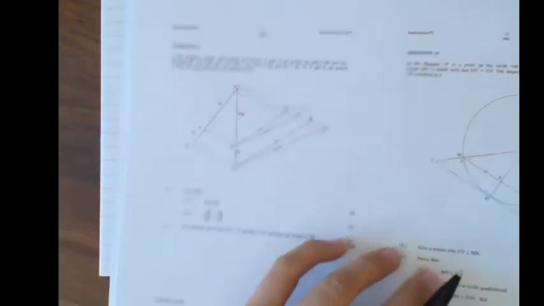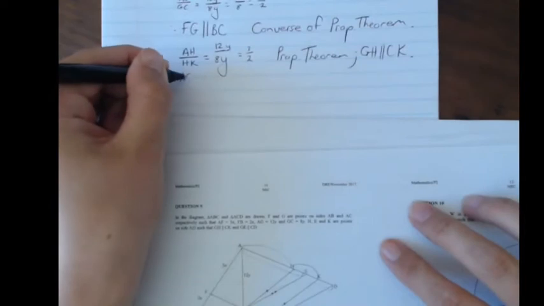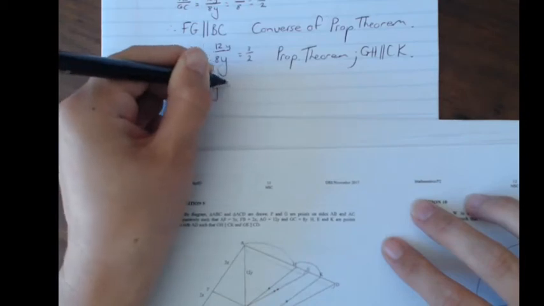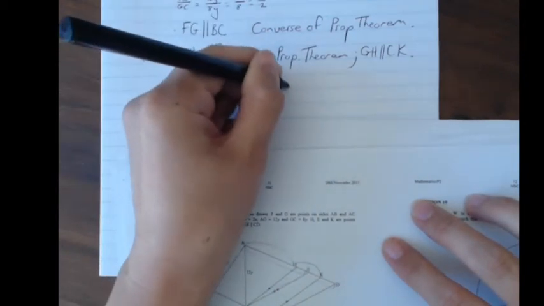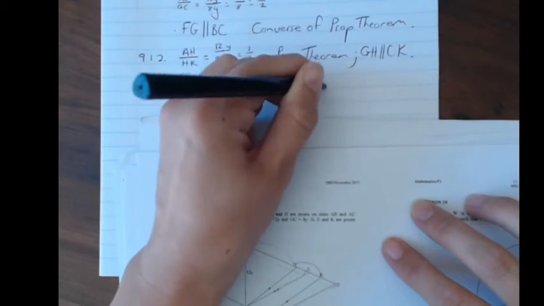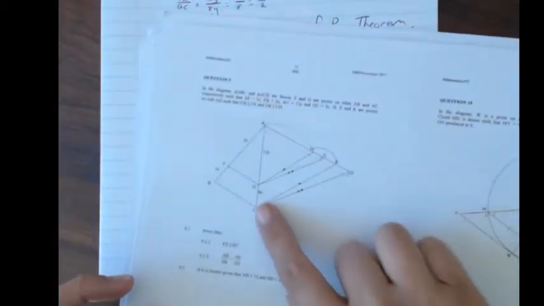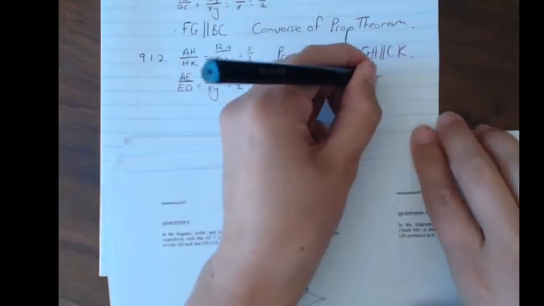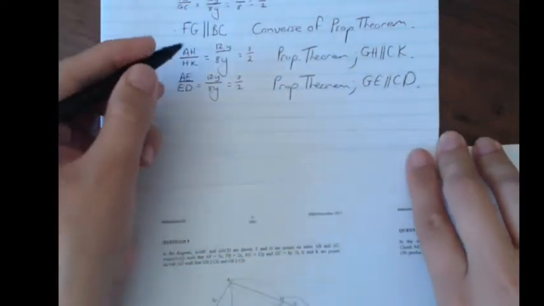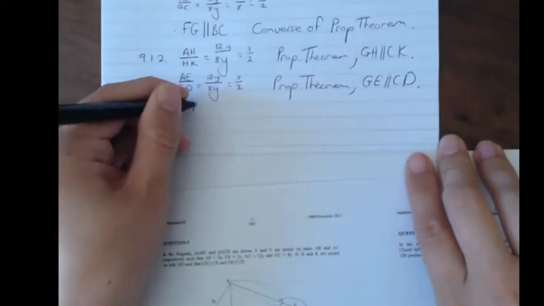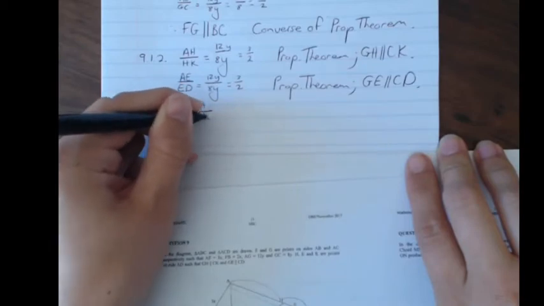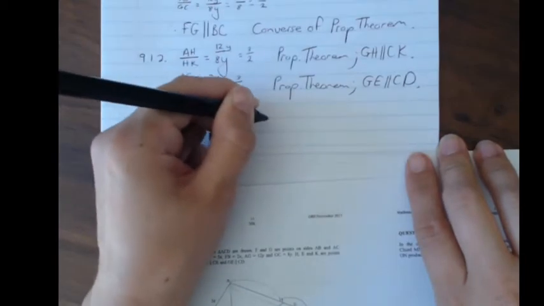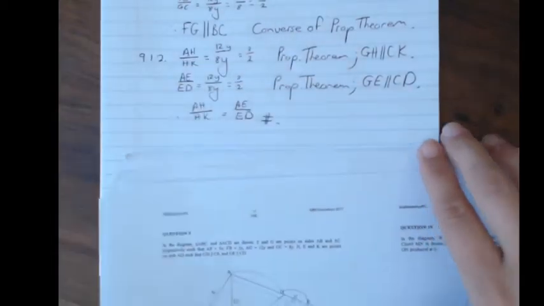So AE over ED is also 12y over 8y, which is 3 over 2, still by the proportion theorem. But now looking at the parallel lines GE and CD. And well, I've proven that AH over HK is equal to AE over ED. Okay, so that's what I wanted to do here.